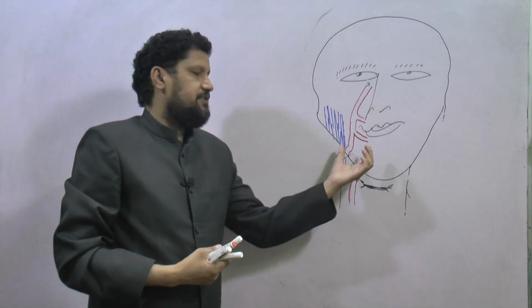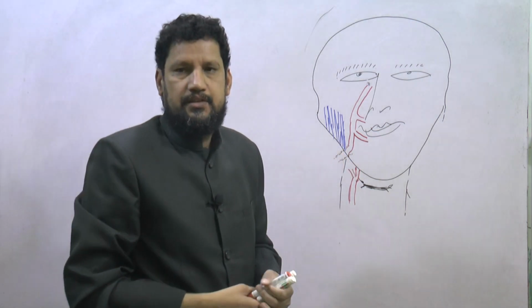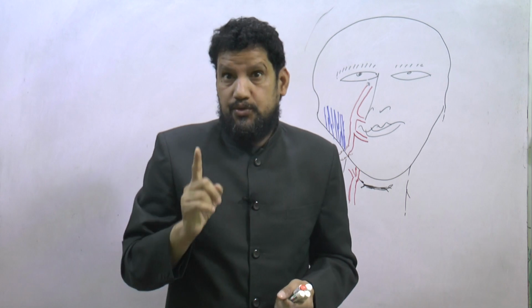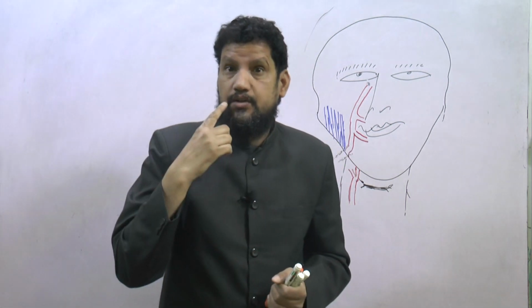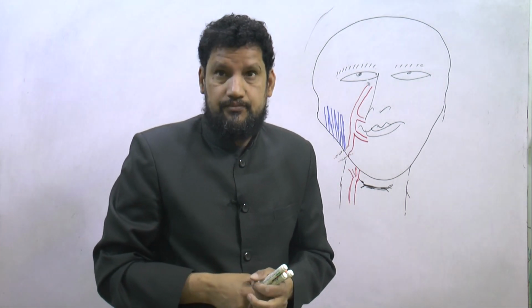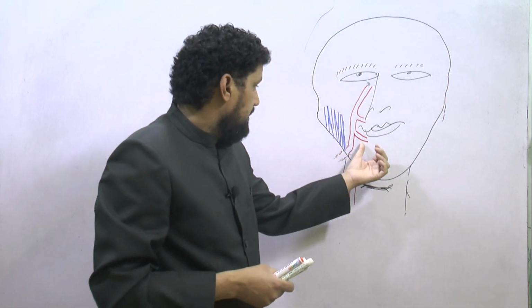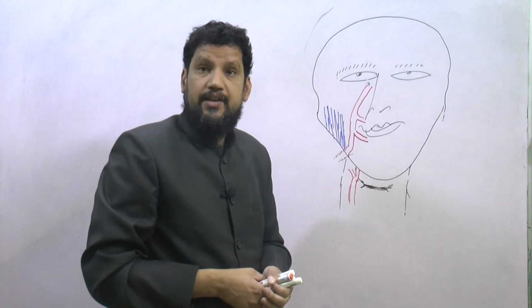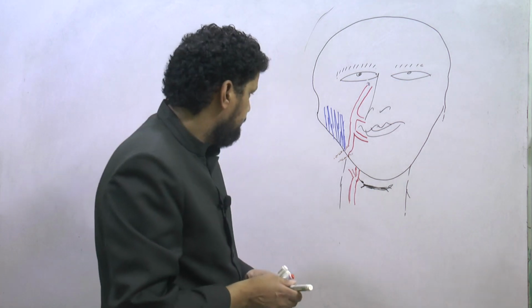It ascends upward and forward, lying 1.25 centimeter lateral to the angle of the mouth. Below the angle of the mouth, it gives the inferior labial artery.